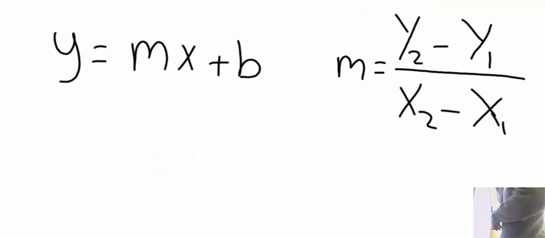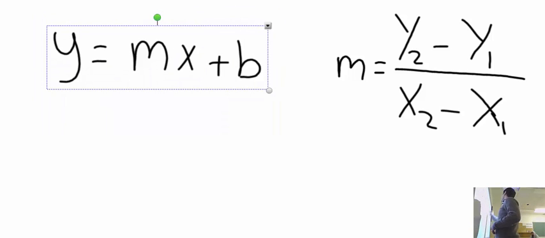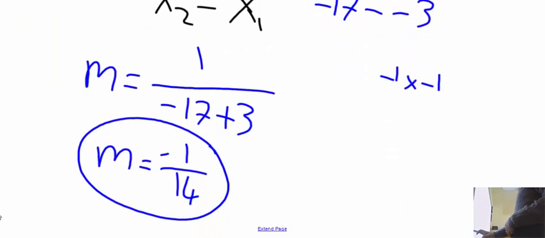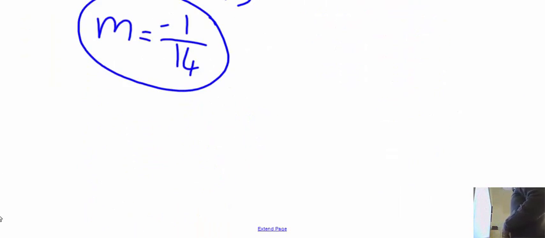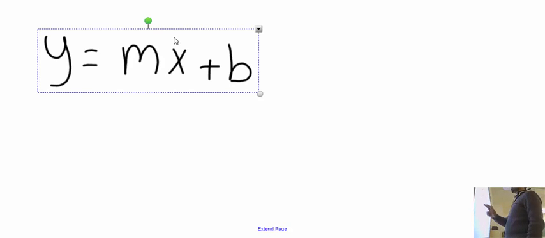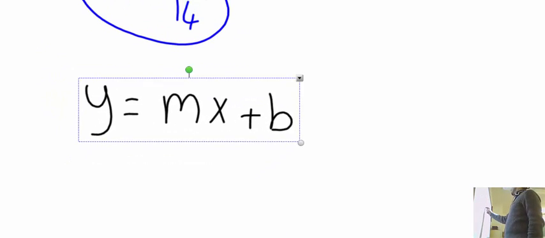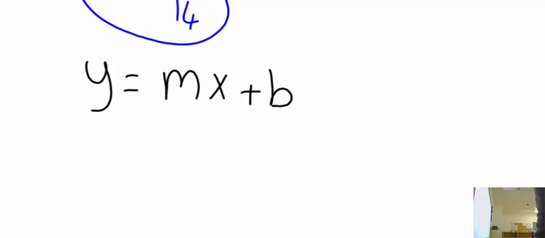Once we know the slope, now we're going to find out what the y-intercept is. And the formula for that is this. Let's copy that, and let's go back. We need more space here. Let's paste it here. So that's my formula.